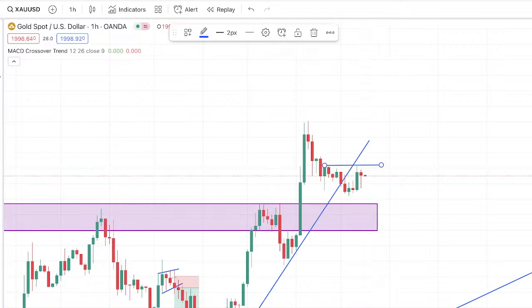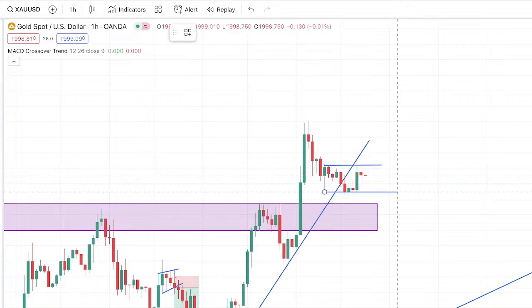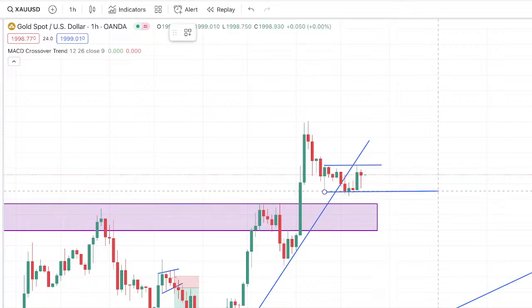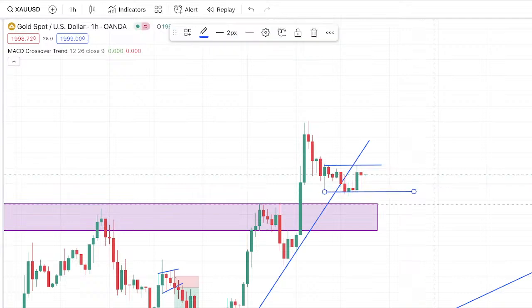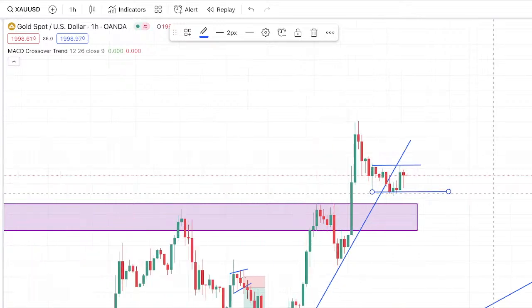So this is the range market I've been telling you about. This is the trend line that was broken. I thought going into this area was going to be the trend continuation, but it didn't happen. So instead we have a big candle rejection here.